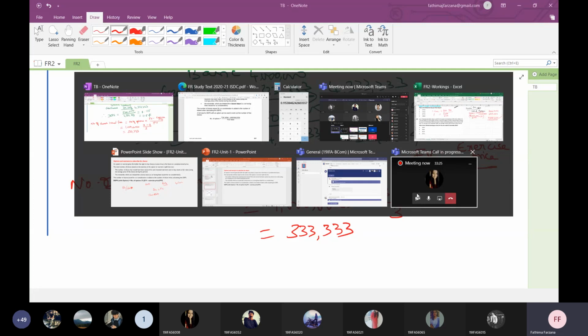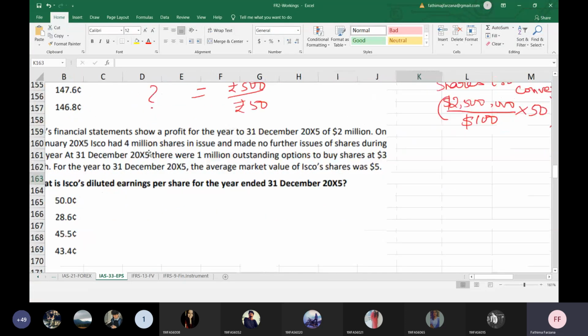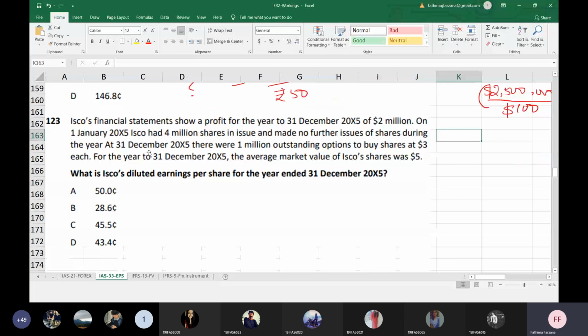So let us go to exercise, exam kit 123 and try solving it here. Let us read this problem. ISCO's financial statements show a profit for the year to 31st December 2005 of 2 million. They've given the earnings as 2 million.